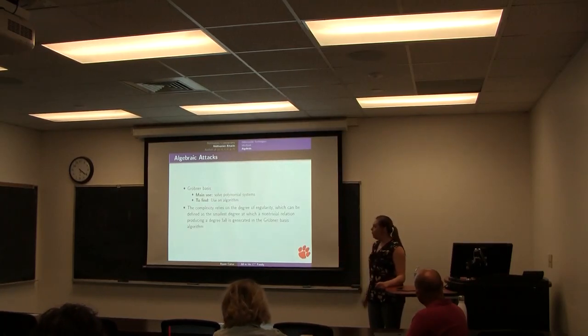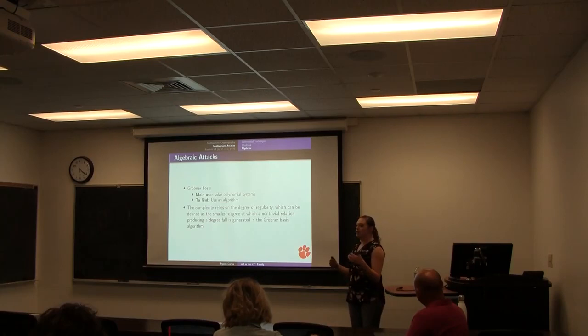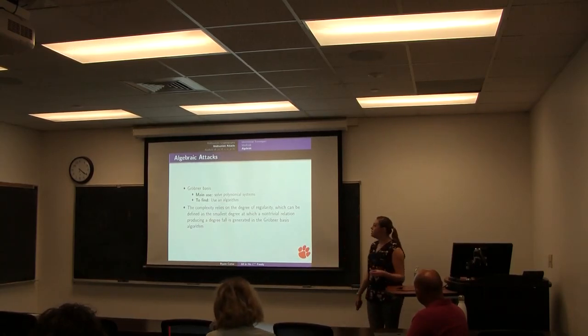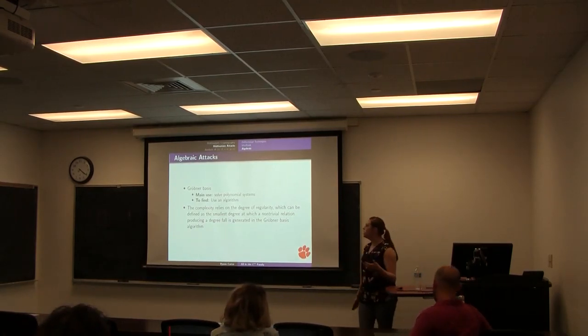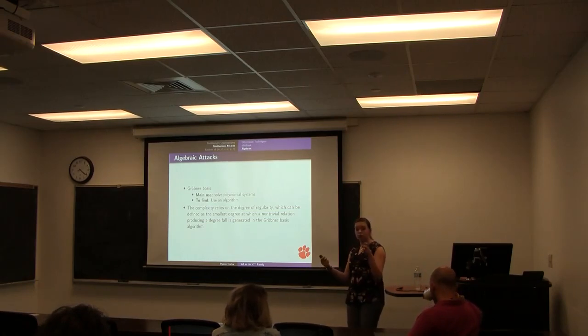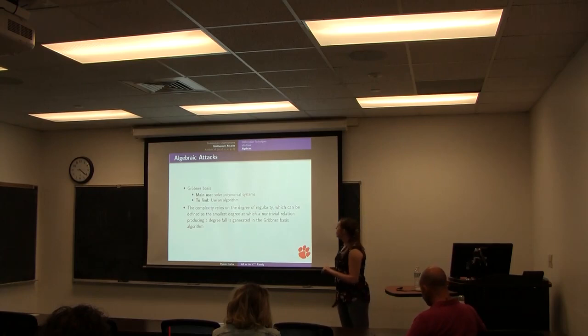But what we really care about is that the complexity of solving a system directly is going to rely on the degree of regularity. One way to define this degree of regularity is as the first fall degree, which is the smallest degree at which a non-trivial relation producing a degree fall is generated in the Gröbner basis algorithm.